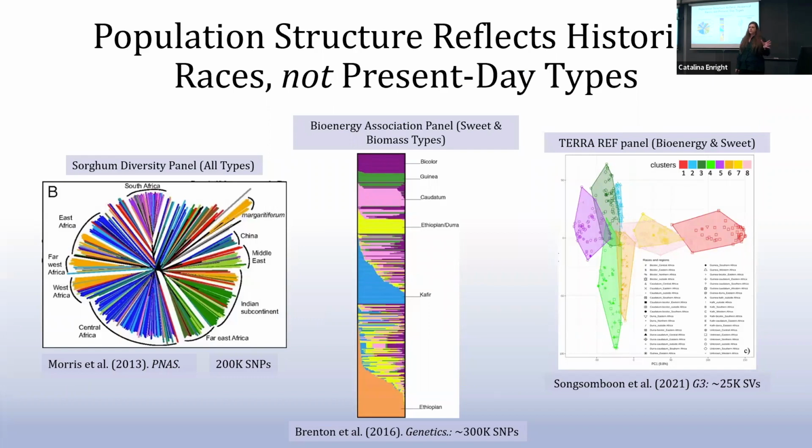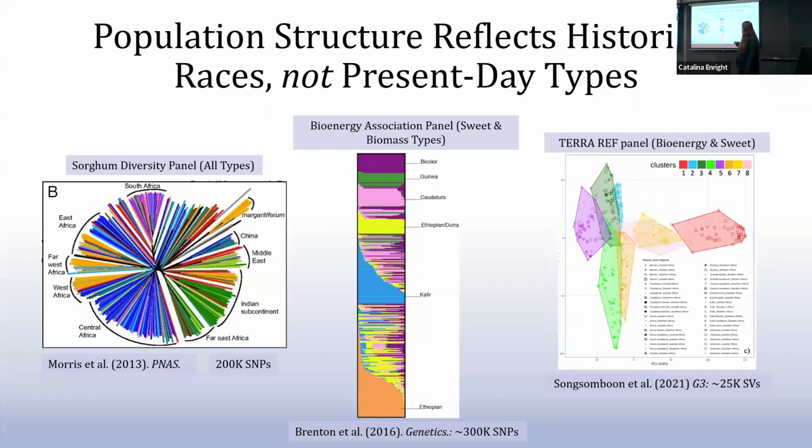So if we look at the genome-wide genetic differences of sorghum, what we see is that their genetic differentiation reflects their history, not necessarily these present-day types. These are several different studies. This is using, I want to say, about 200,000 SNP markers. We've got about 1,000 genotypes.